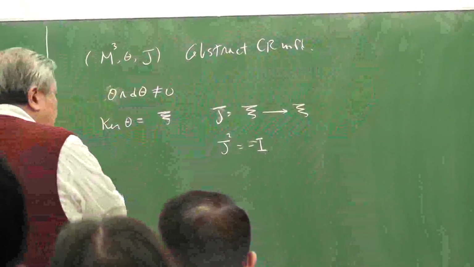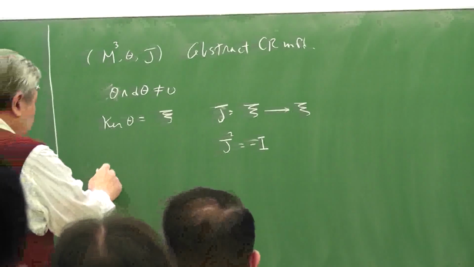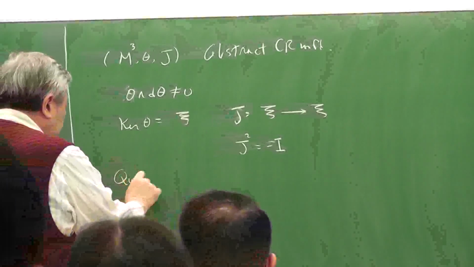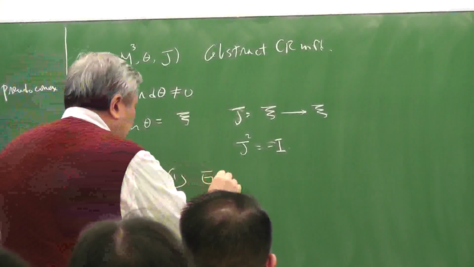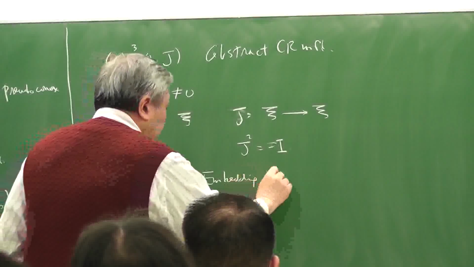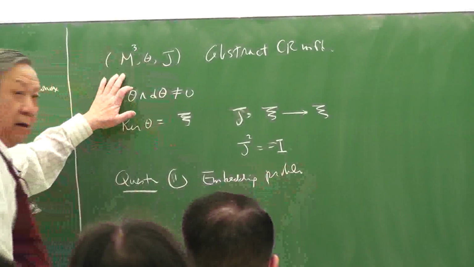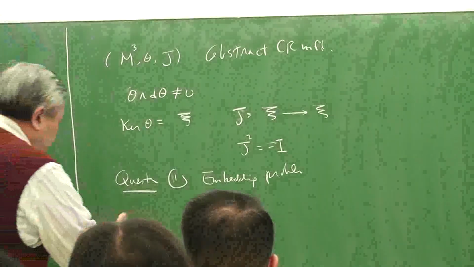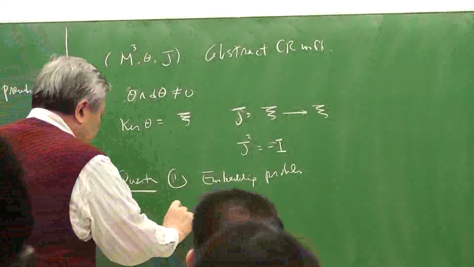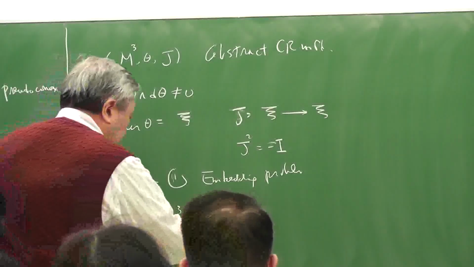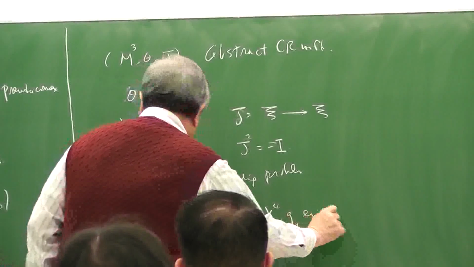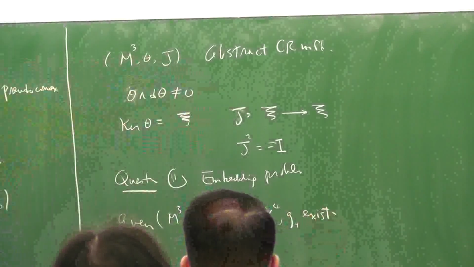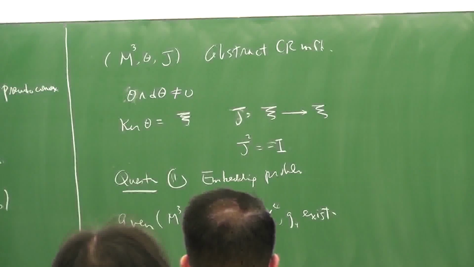Okay. So what are the major questions? Say the major questions are the following. Right? So first, what's called the embedding problem. That is, given such a thing, how do you know there exists such an X? Given the X4. It's the question we try to answer.